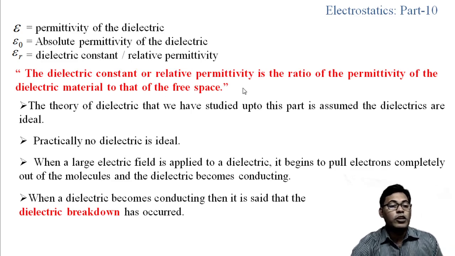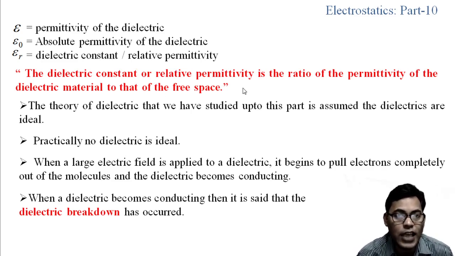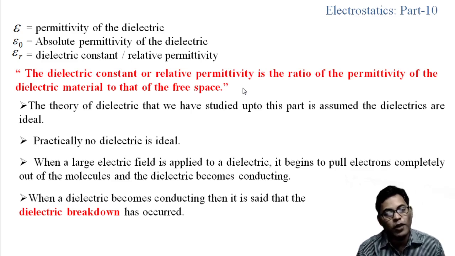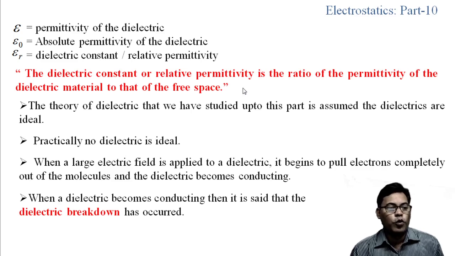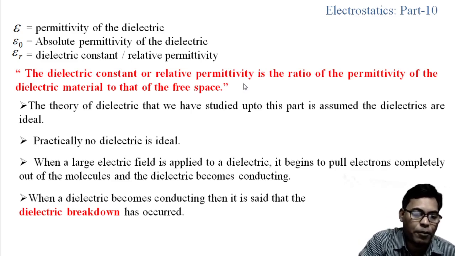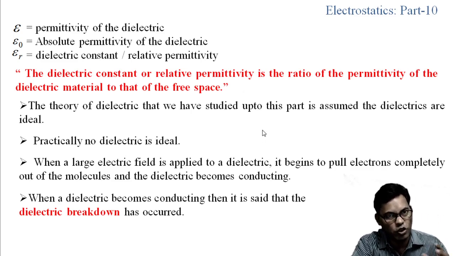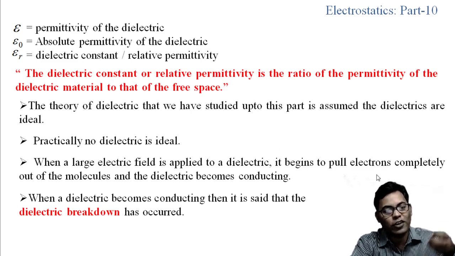The theory of dielectrics that we have studied up to this part assumed that the dielectrics are ideal, but practically no dielectric is ideal. When a large electric field is applied to a practical dielectric, it begins to pull electrons completely out of the molecules and the dielectric becomes conducting.